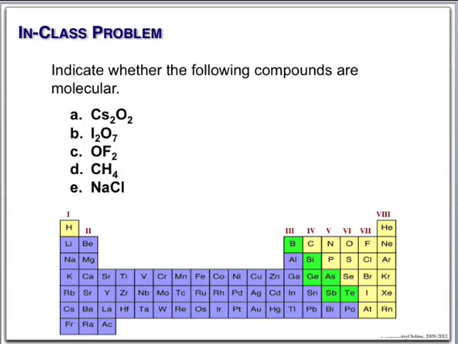CS is cesium. It's down there. And it's a metal. Doesn't matter, oxygen is over here, and of course it's a nonmetal. This is an ionic compound.